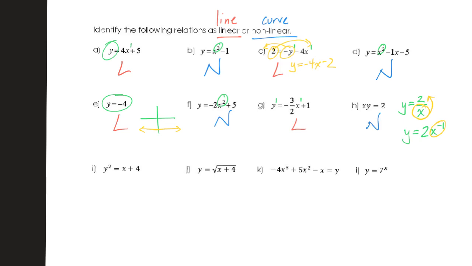Okay, if you're doubting me at all, go ahead and punch xy equals 2 into Desmos, and you're going to see a lovely graph that looks something like this. Definitely not a line. That's your hyperbola. You actually start to examine that in grade 11 university math. But for us now, that's not a concern. All we know is that is not a line.